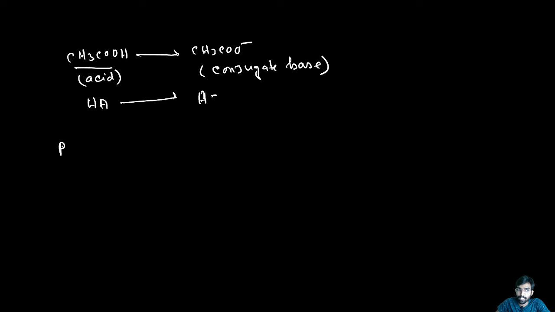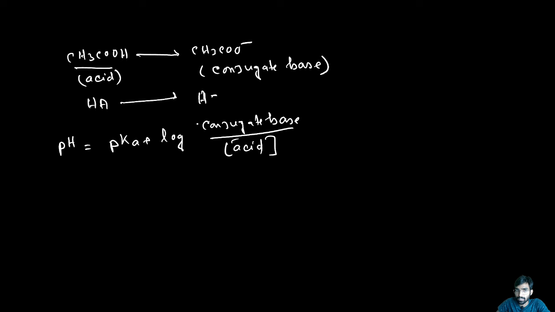So we can write that equation as pH equals pKa plus log of conjugate base by acid. We can also write it as A minus by HA, both ways.